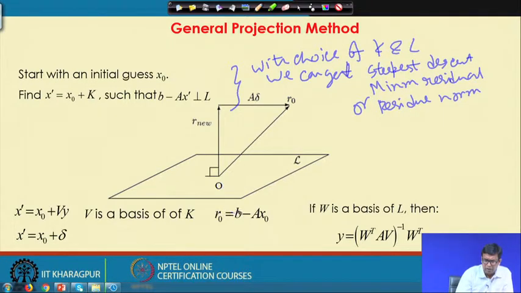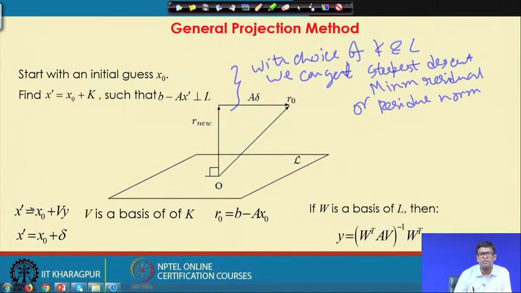The residual will be perpendicular to a space L, and if I have a subspace W which is the basis of L, then W transpose r prime will be 0, and we can do some analysis and find using this criterion that y is equal to (W transpose A V) inverse W transpose r0, and we can update the solution x.